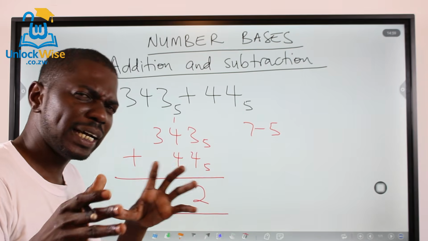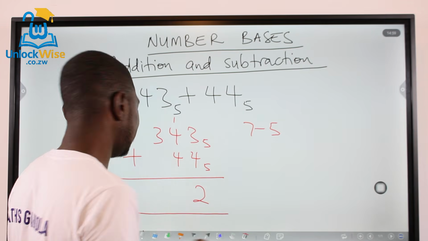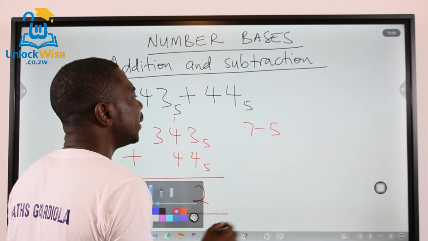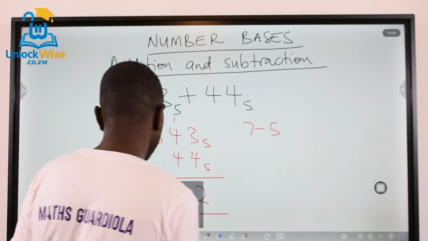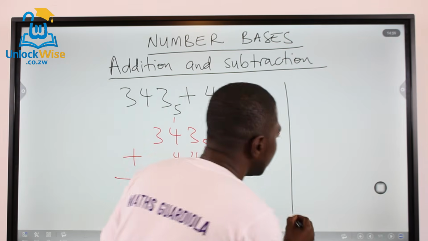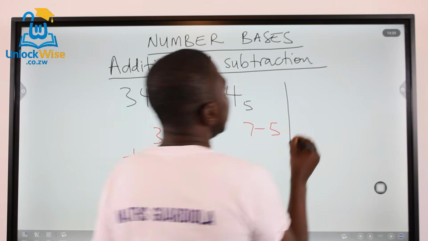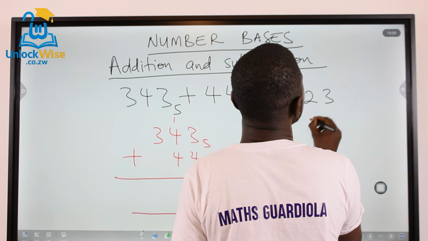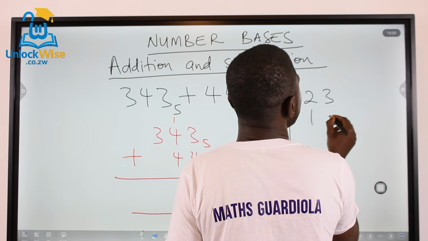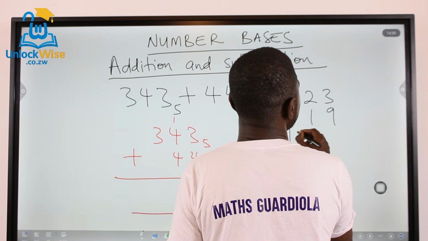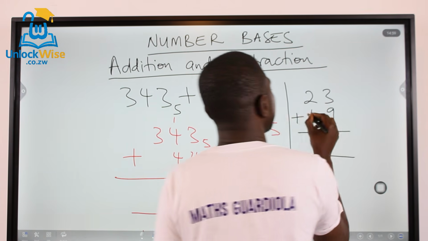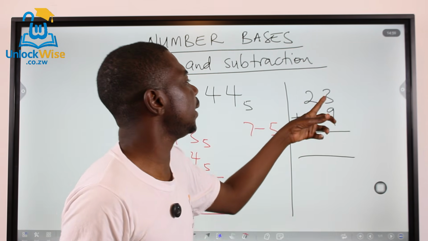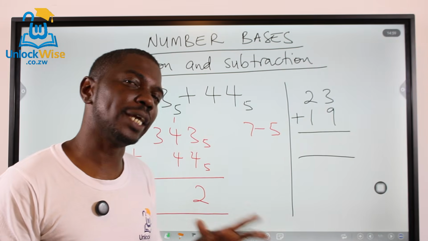I will have to refresh your mind a bit to base 10, which is the one we are used to, so that you will understand what I'm doing. Let's say we have 23 and 19, and we want to add this, right? 3 plus 9, we will get 12.